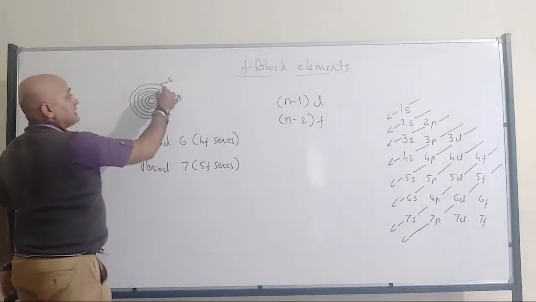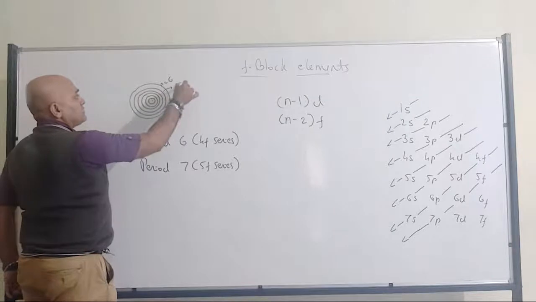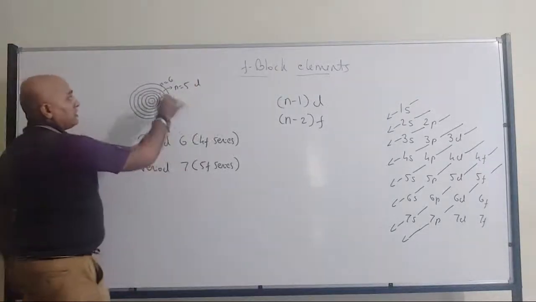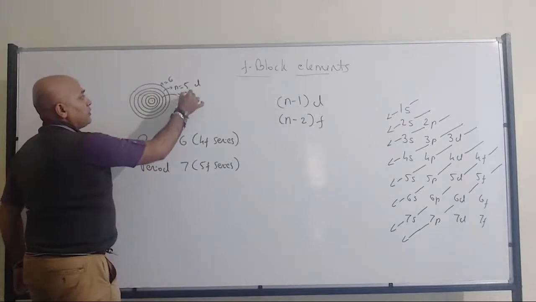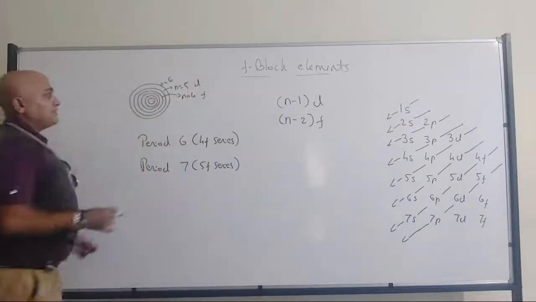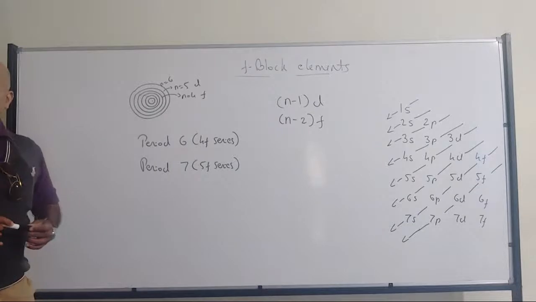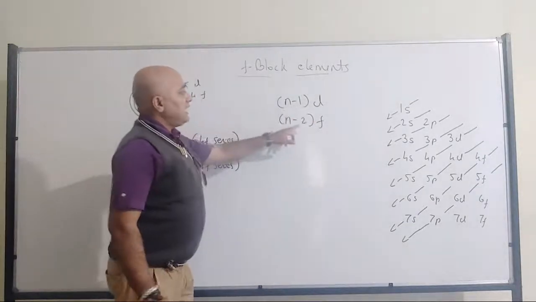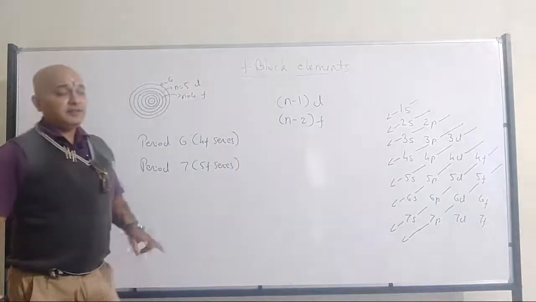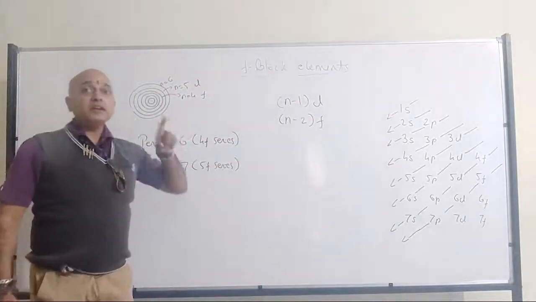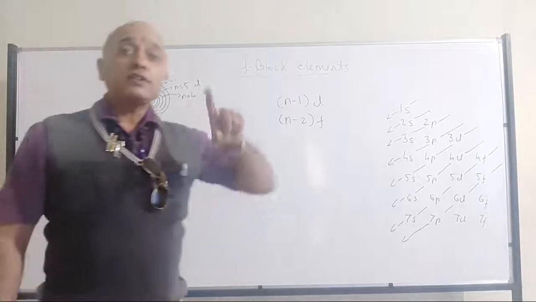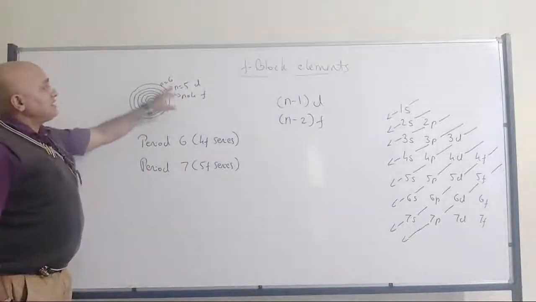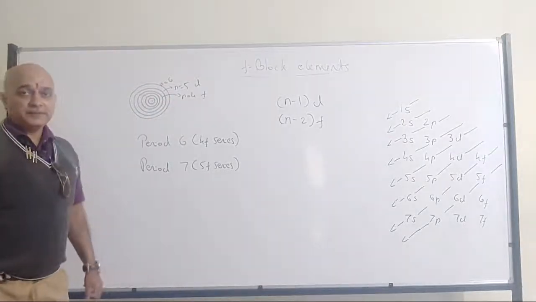When I am talking about n is equal to 5, that's where d starts. When n is equal to 4, then comes the f. Got my point? So n minus 1 d, n minus 2 f, where n is the principal quantum number for the outermost energy level.